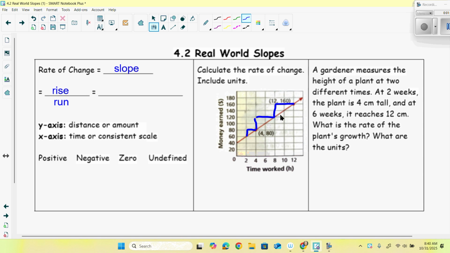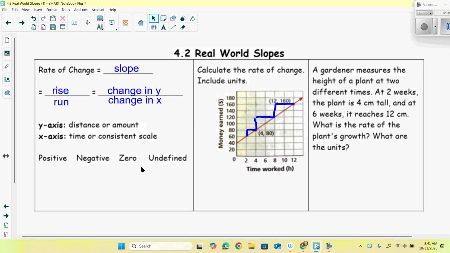That number has to be the same, or constant, which is different than a horizontal line, where the rise is always 0. So a horizontal line, a left-right line like this, has a rise of 0, run of everything. This one has a rise of some number divided by a run of a number that keeps the slope constant.